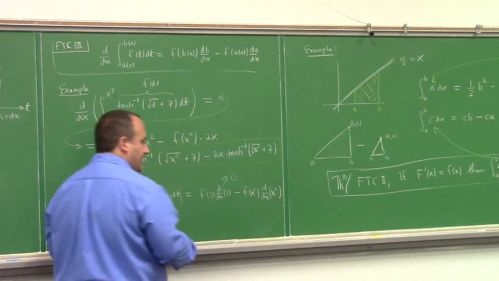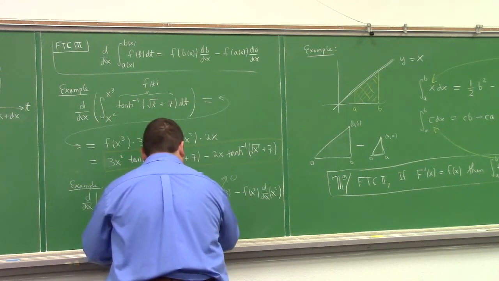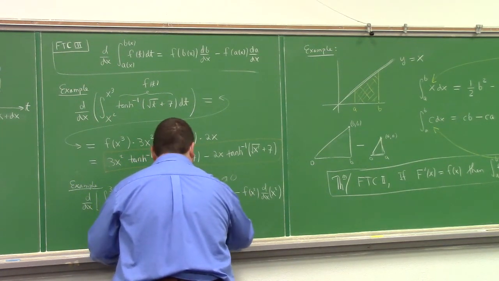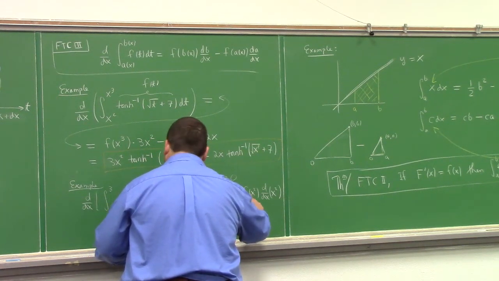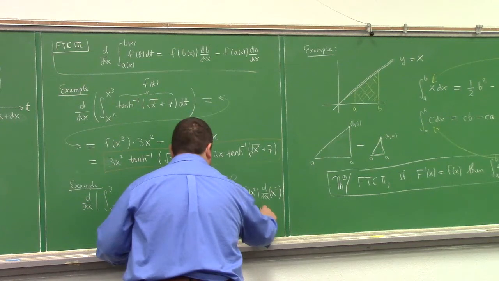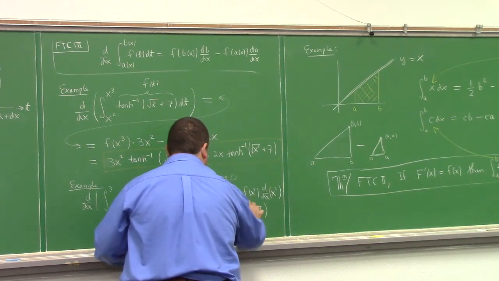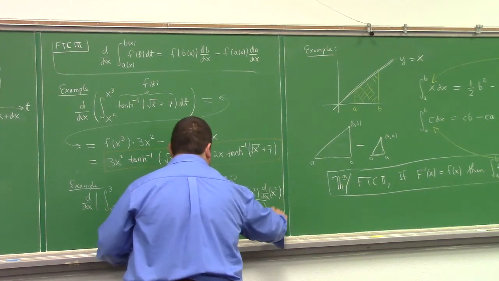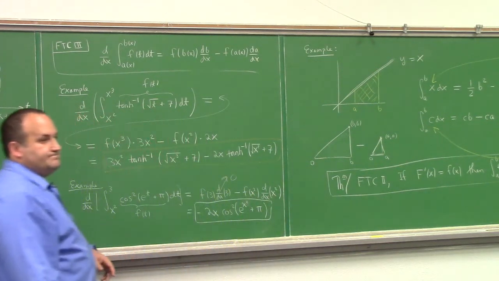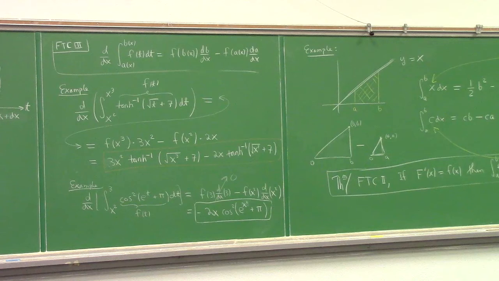And the derivative of x squared is 2x. So we get minus 2x cosine squared of e to the x squared plus pi. And there you go. That's all there is to it.